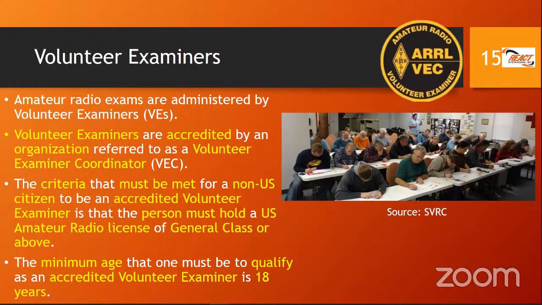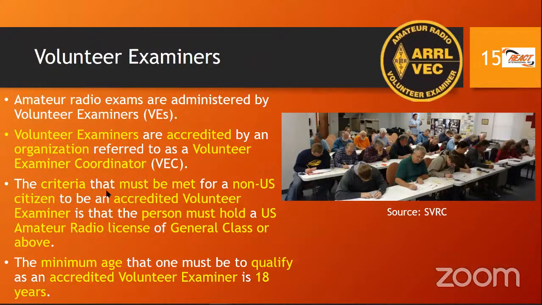You also have W5YI. You also have the GLAARG, which is the Greater Los Angeles Amateur Radio Group. So those are examples of the VECs. If you have to become a volunteer examiner, that is who accredits you, the VEC, the Volunteer Examiner Coordinator.